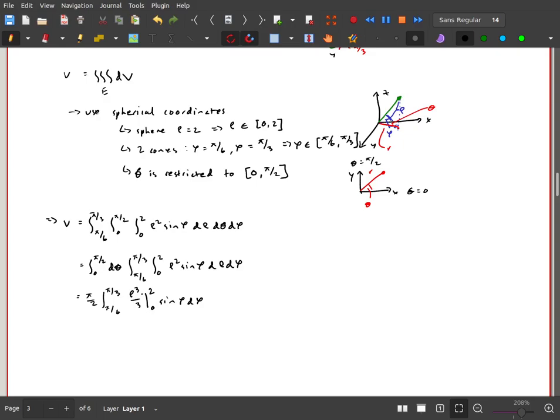So that's 8 over 3. I can bring that out as well, so pi over 2 times 8 over 3. That's a constant, so I can bring that out. Then the integral from pi over 6 to pi over 3 of sine phi d phi.